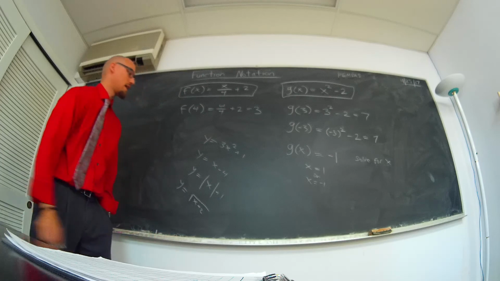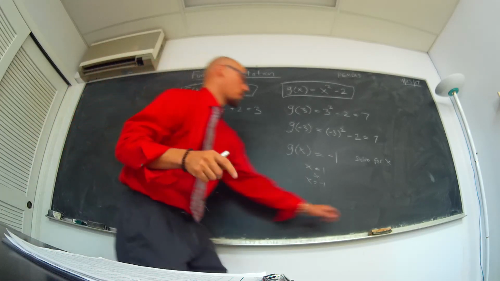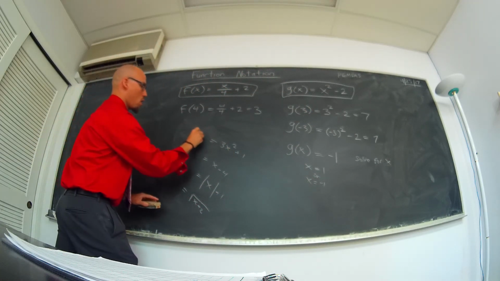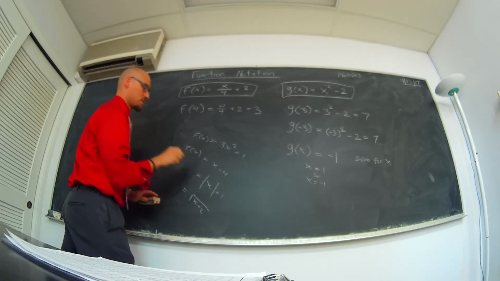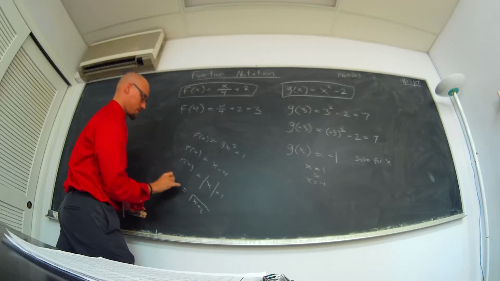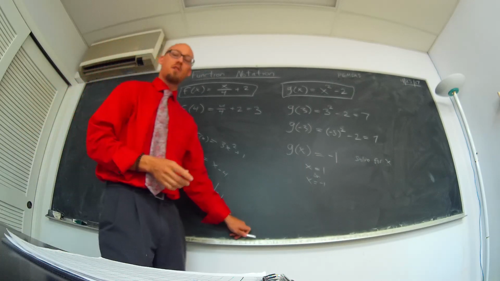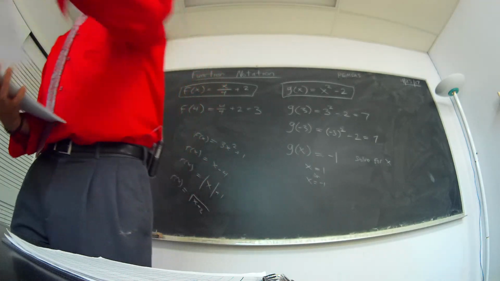These are all functions. But now instead of saying y equals, we're going to write it in a new kind of notation. So you are going to practice using this new notation.